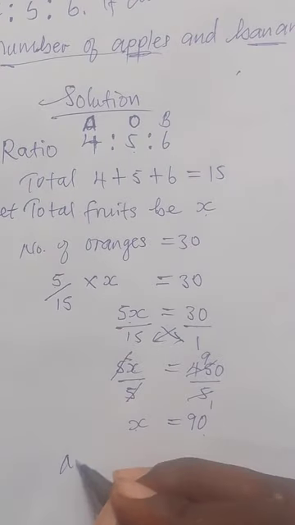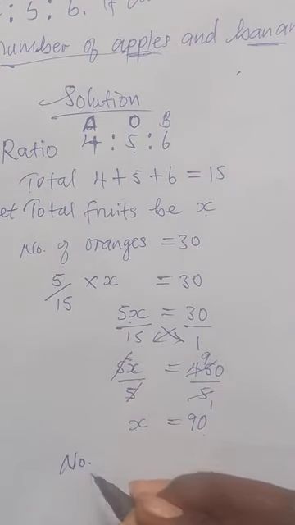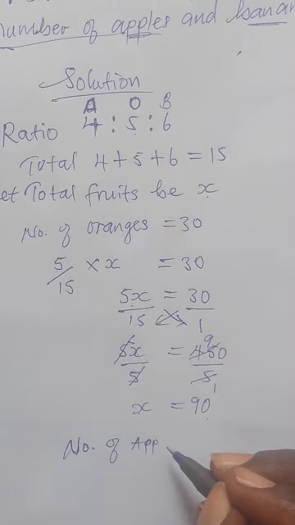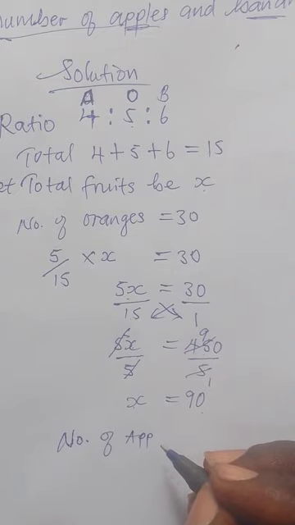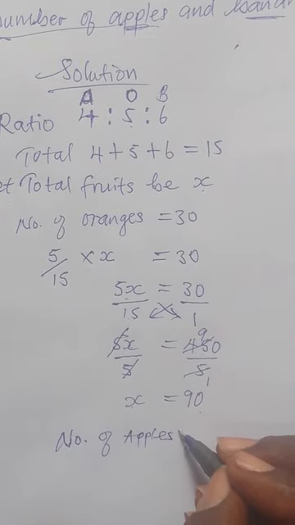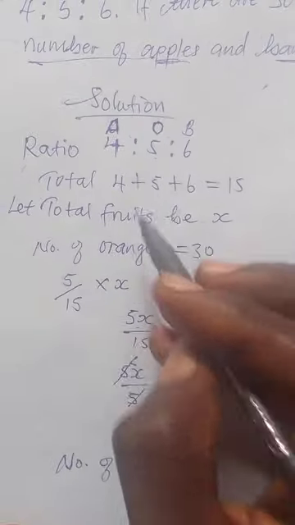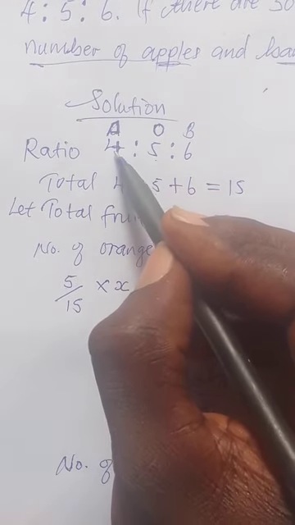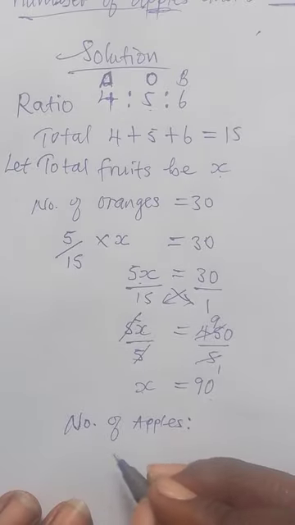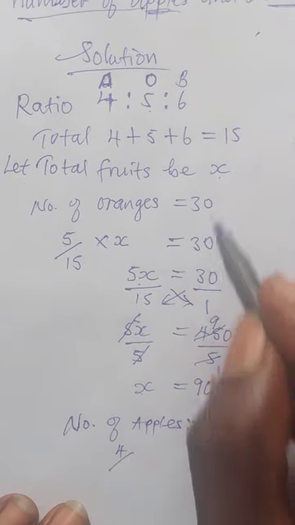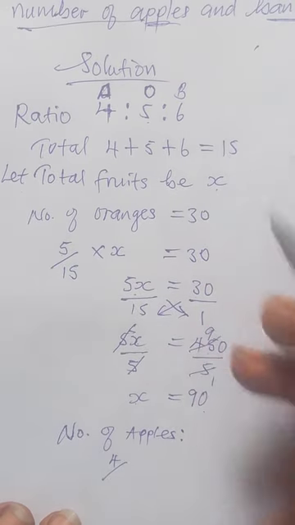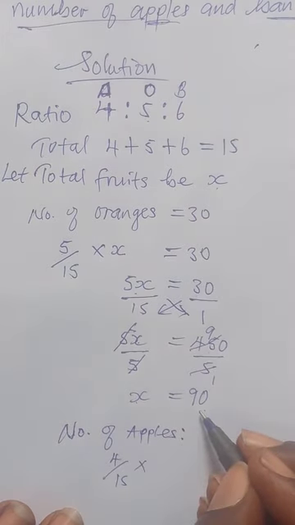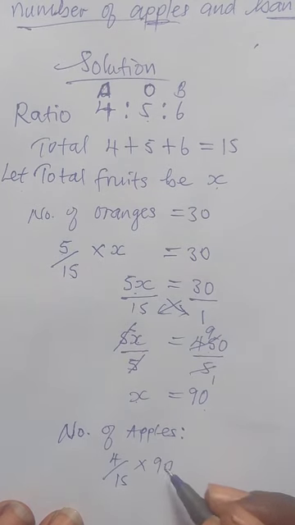So let's continue. Number of apples. Remember, you are using A, the corresponding ratio, which is 4, and you divide by the total number of ratio, which is 15, and then you multiply by the total number of fruits, which is 90.